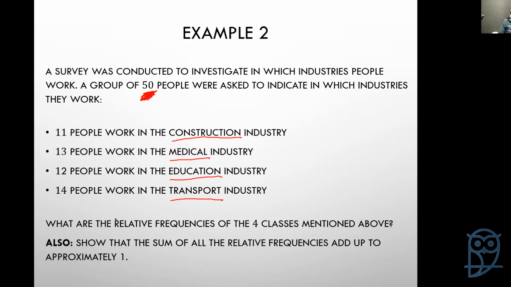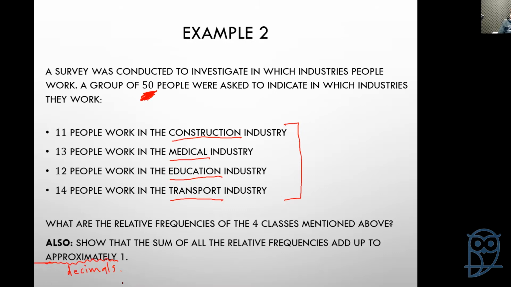So the question says, what are the relative frequencies of the 4 classes mentioned above? Meaning calculate the relative frequencies for all 4 of them. And we need to show that the sum of all the relative frequencies adds up to approximately 1. Now, why would they say approximately? Well, this approximately only comes into effect when we write our fractions as decimals.